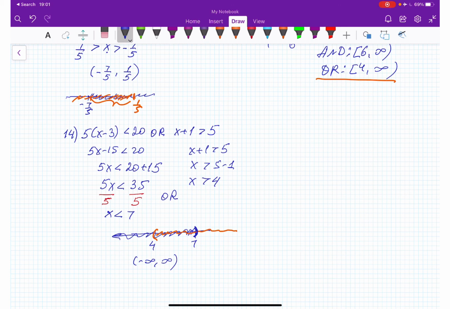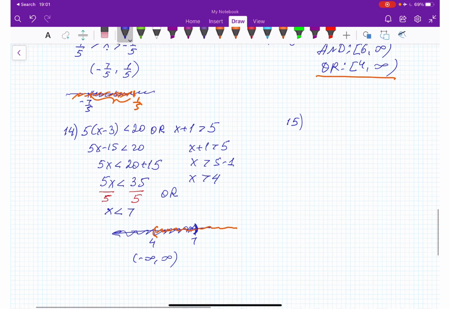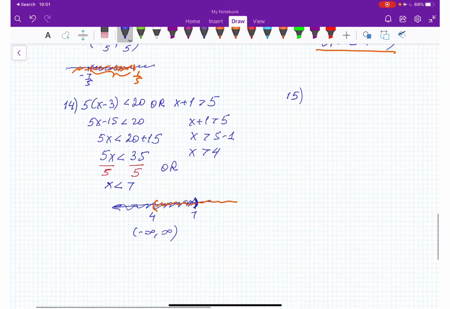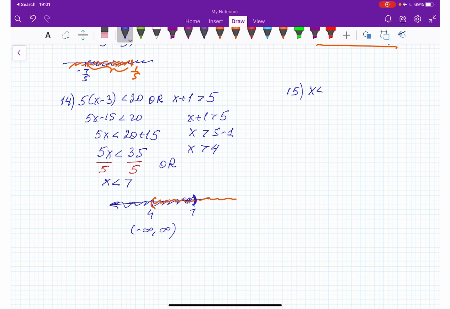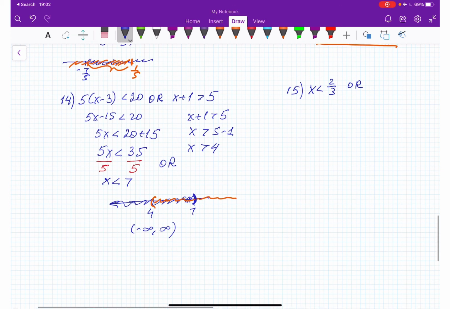Okay, question number 15. What do we have? x less than 2/3 or x greater than negative 1/4.